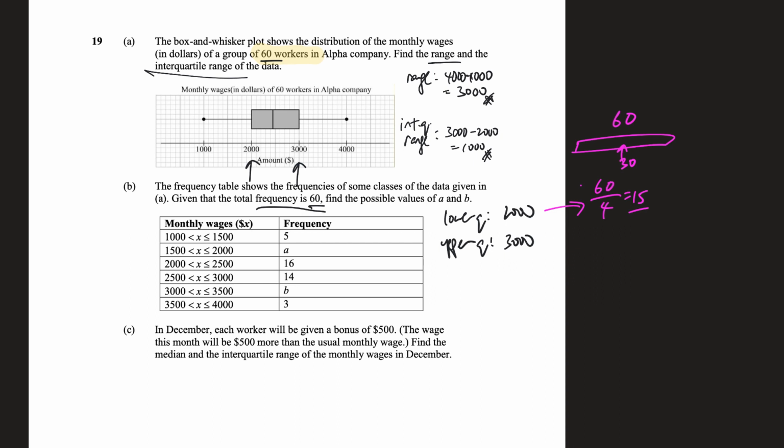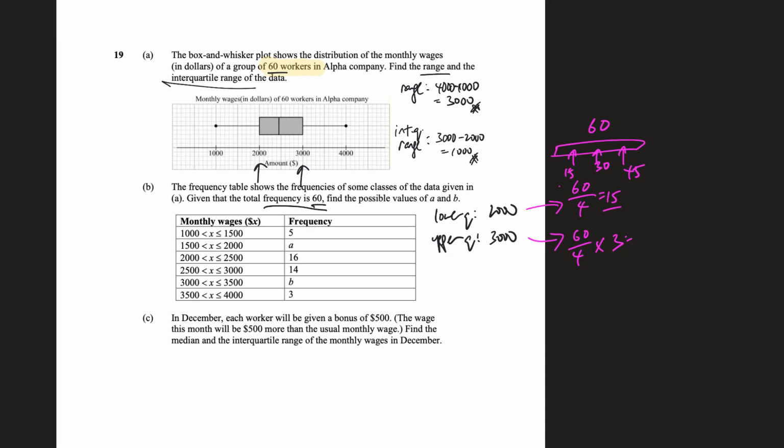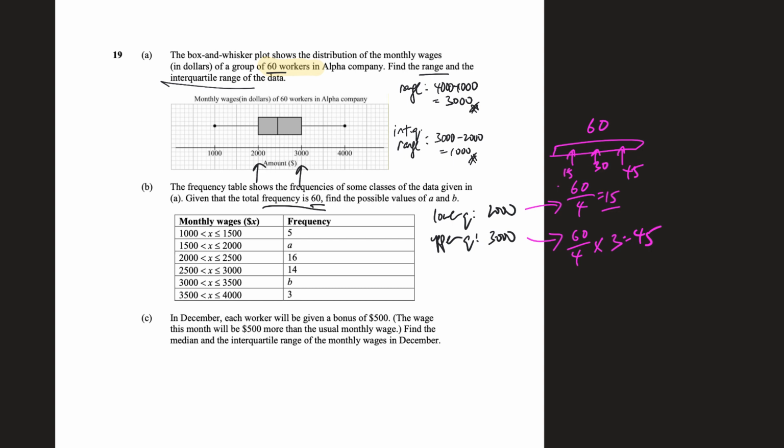Remember, for non-discrete data, we don't go into the details of odd number, even number. We don't have to. You just say the 30th worker is the median, the 15th worker is the lower quartile, and the 45th worker is the upper quartile. How we got that is simply 60 divided by 4, multiplied by 3, which gives me 45. That gives me the upper quartile.